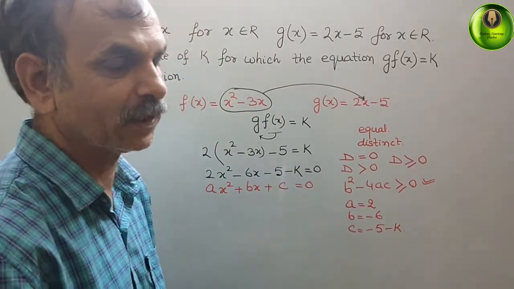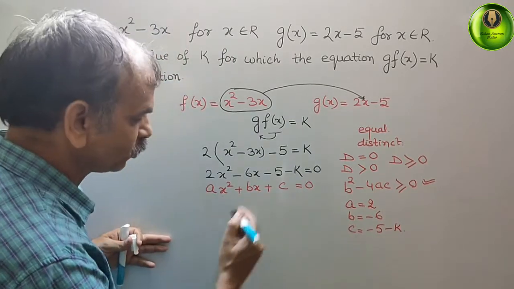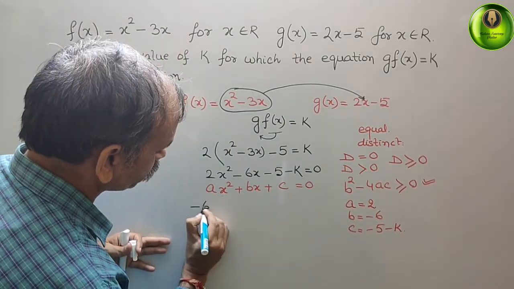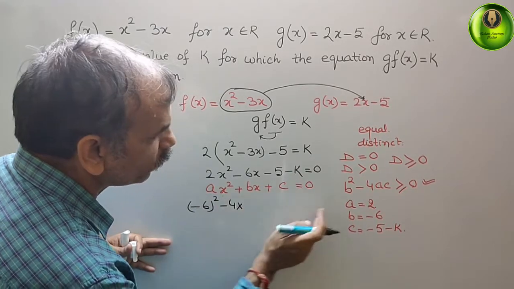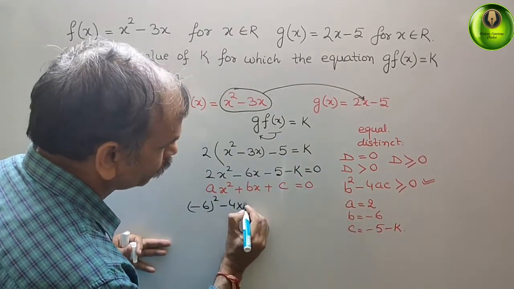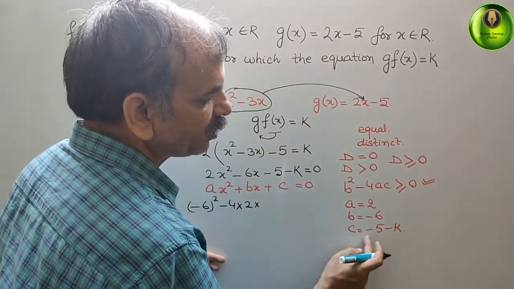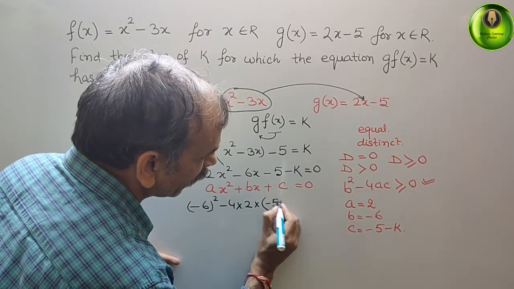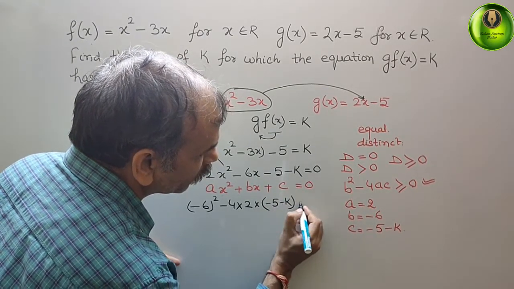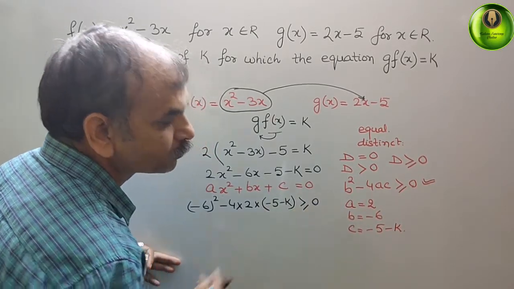So what you will get? See this, b square. b square means minus 6 square, minus 4 into a. a is 2, into c. c is minus 5 minus k. So here we will put in bracket. It should be greater than or equal to 0.